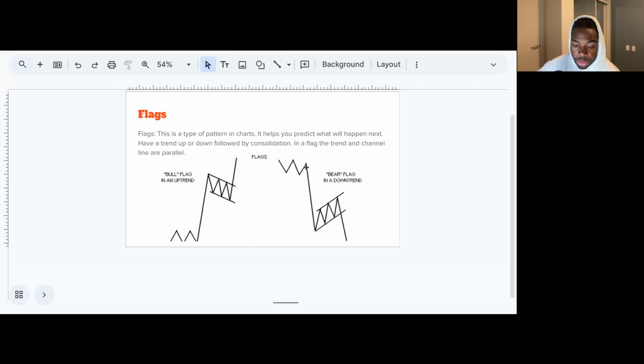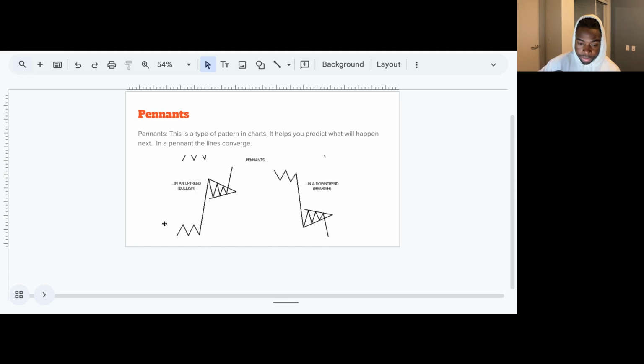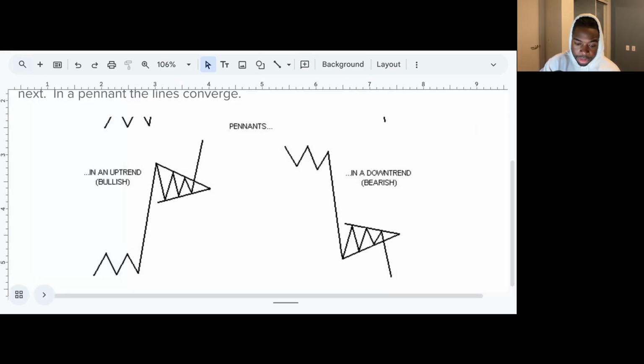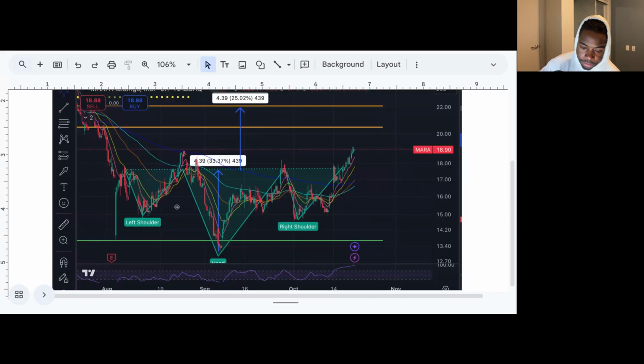In a bear flag, we move down, we trade in a parallel channel, and then eventually continue in the direction of that downtrend. Pennants are pretty similar, except instead of making a parallel channel, you get what looks to be like a wedge, and a wedge is just a triangle formation.